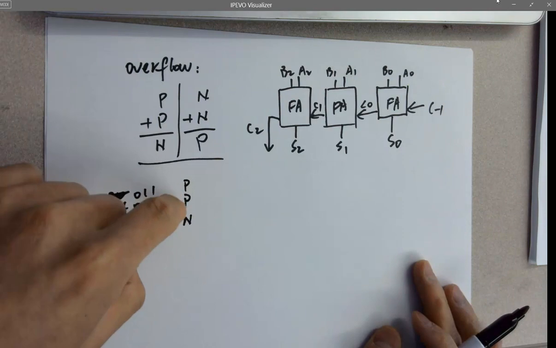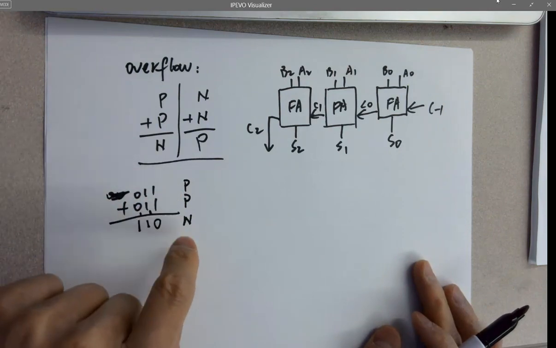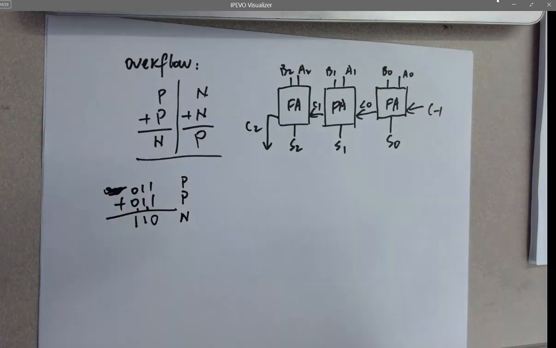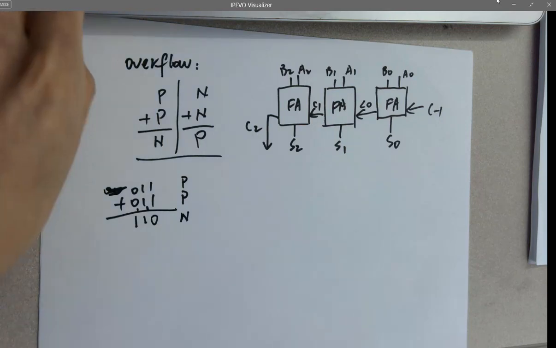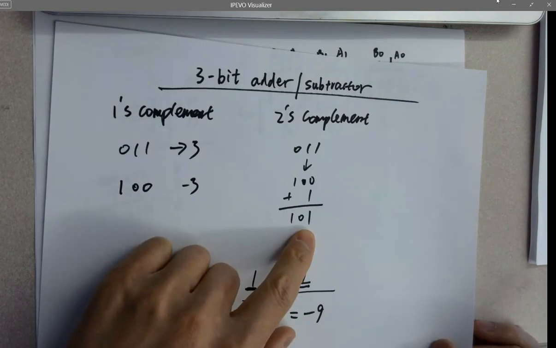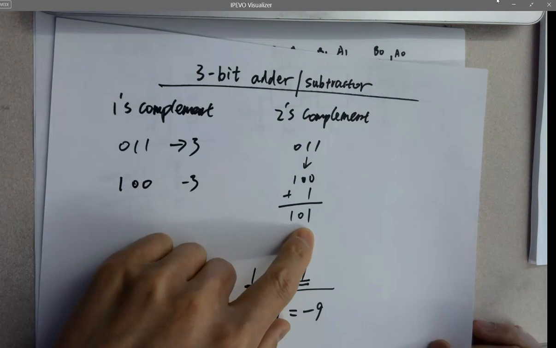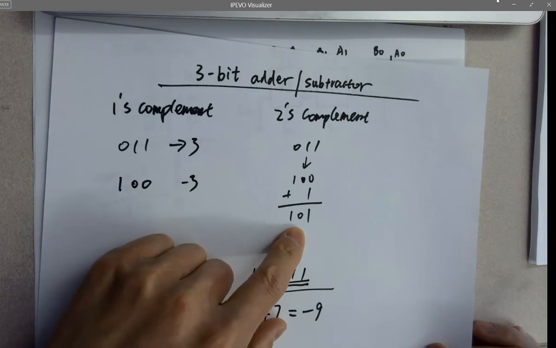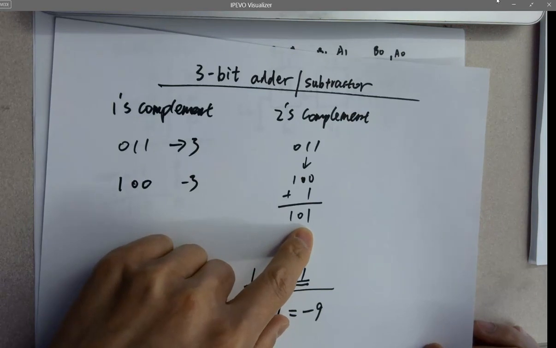So a positive number plus a positive number, it's impossible to get a negative number. This is wrong. The reason this is wrong is because we're using two's complement. Two's complement is not real numbers being added together. We have to manipulate it to let the computer understand it. If you put a number here, for example 101, the 3-bit binary number 101, it should be 5.